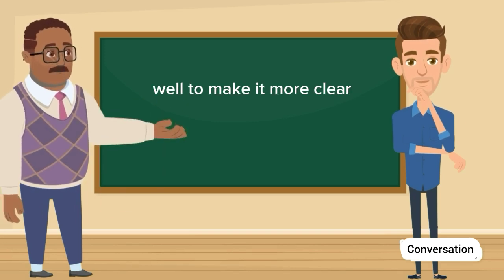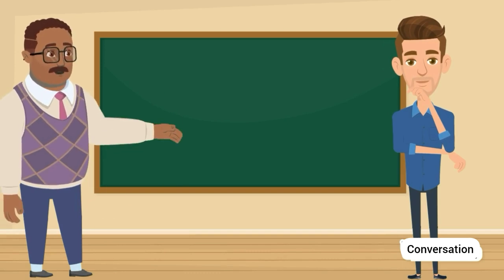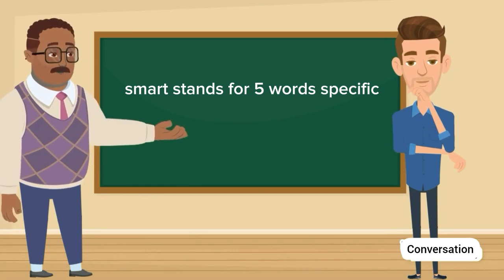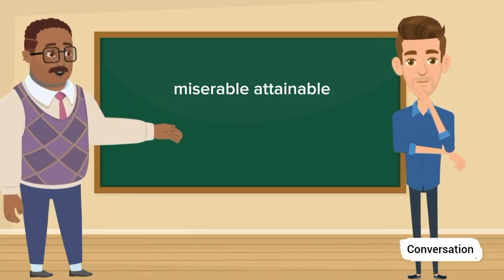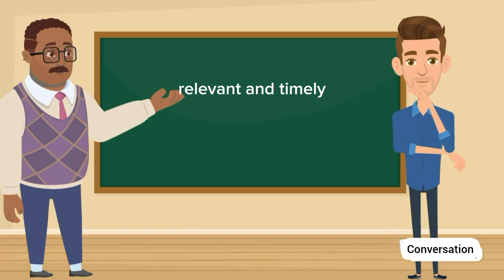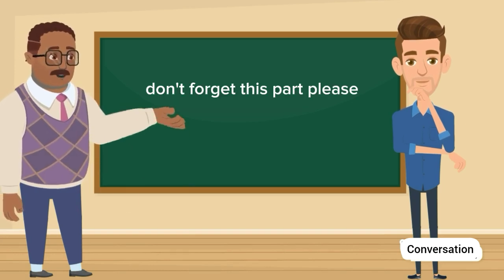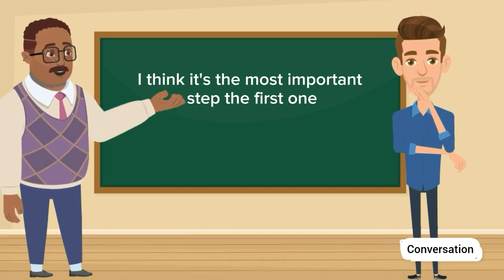Well, to make it more clear, to make good goals, use SMART goals. What are SMART goals? SMART stands for 5 words: specific, measurable, attainable, relevant, and timely. Don't forget this part, please. I think it's the most important step, the first one.